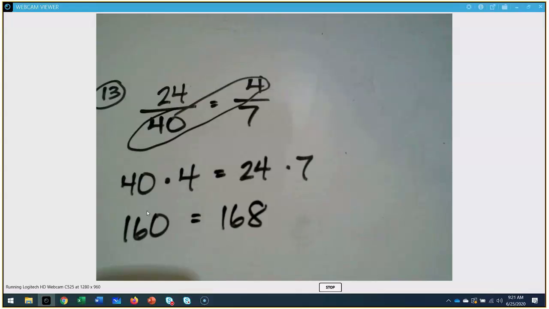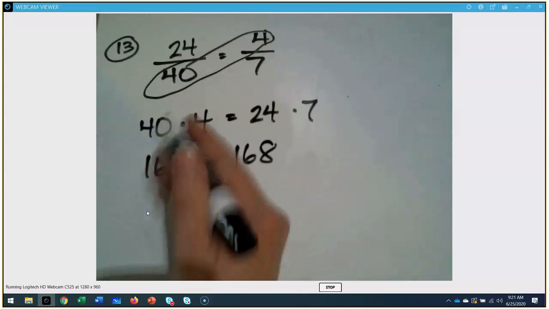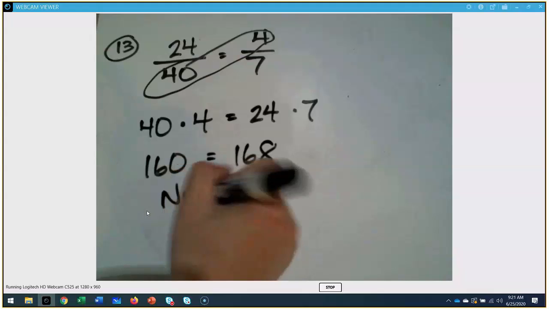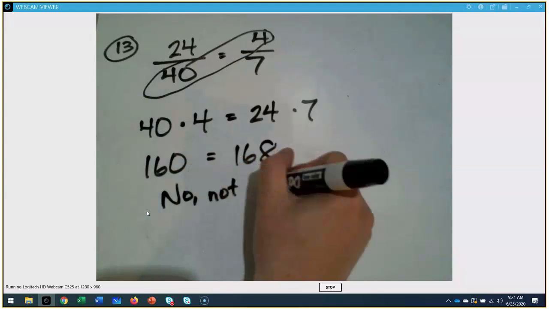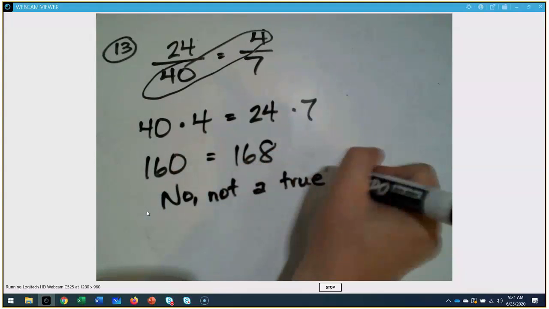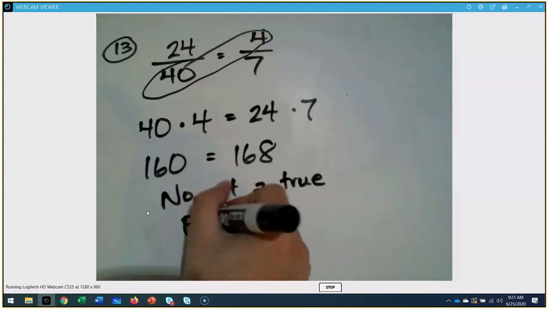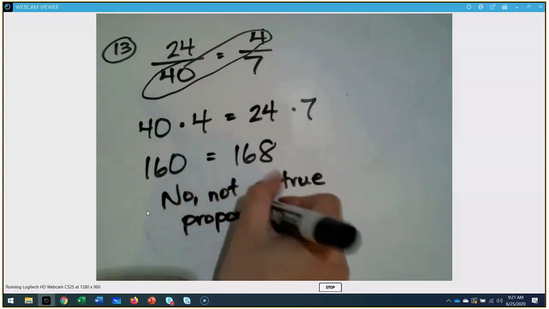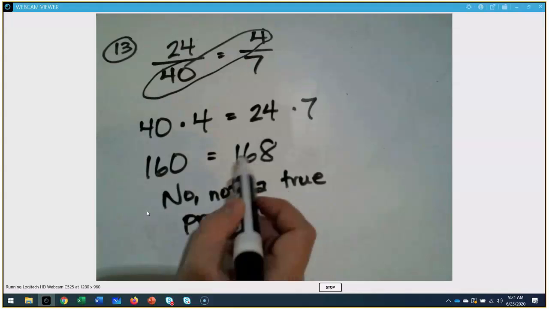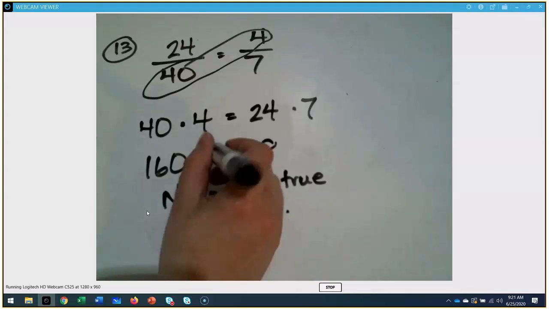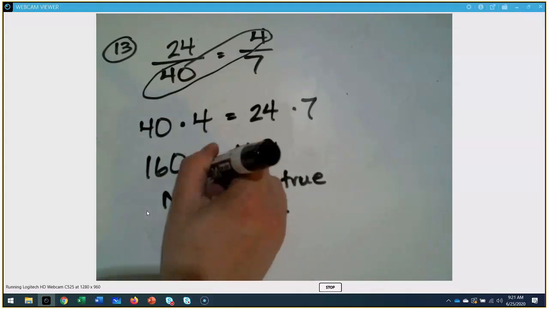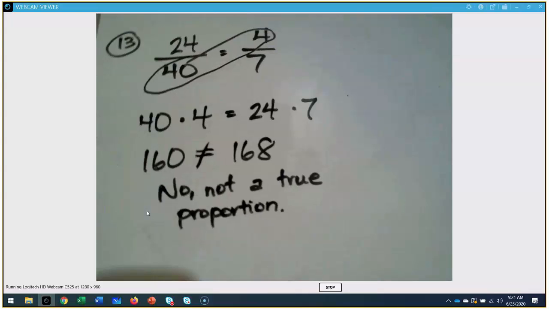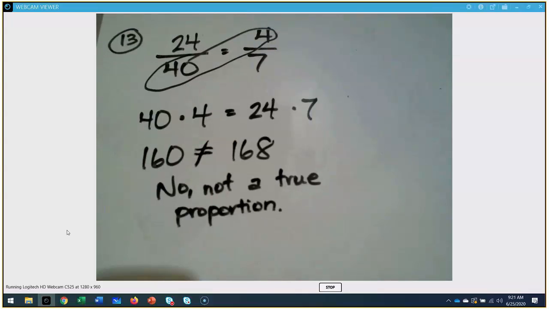So 160 and 168, not a true proportion then. Okay, and again, this is the justification for why, because these two things are not equal. Not it. So that one.